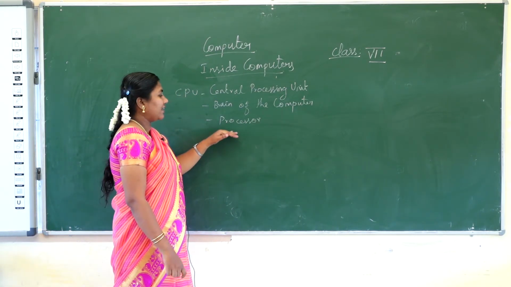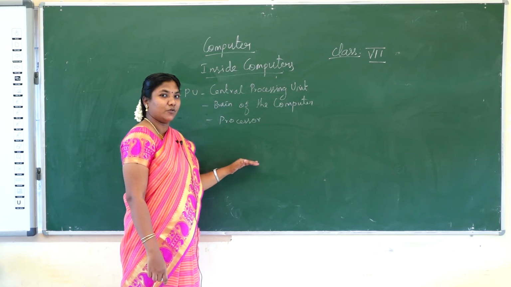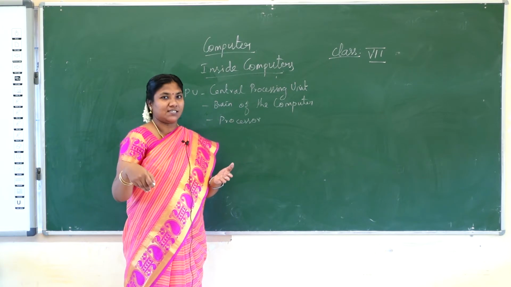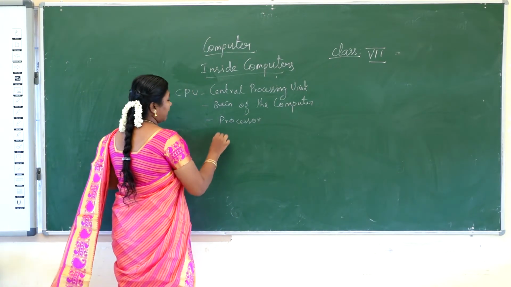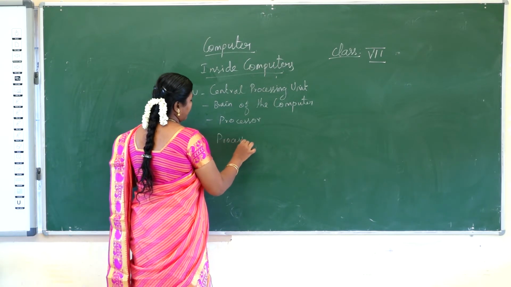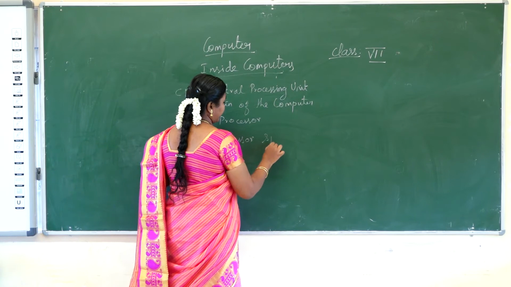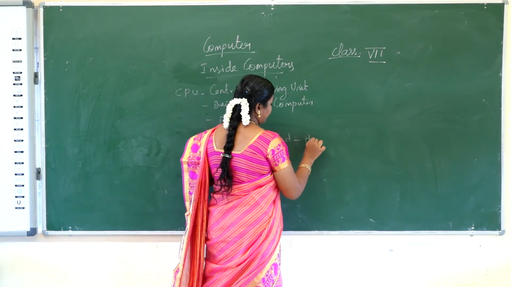So there may be one or two or many types of processors in your system, so that the work you are giving can be divided according to the processor speed. Do you know that processor speed is measured in what unit? It is measured in hertz.